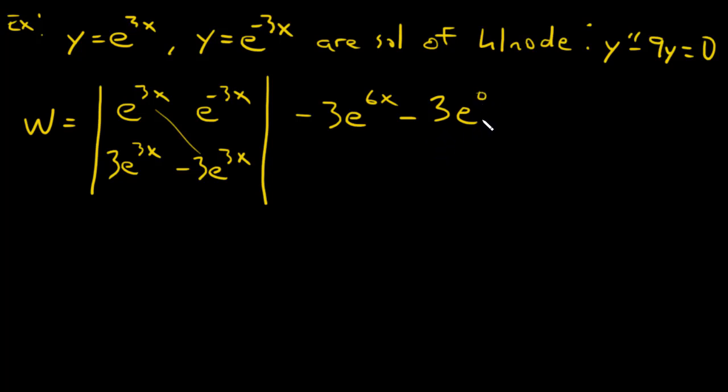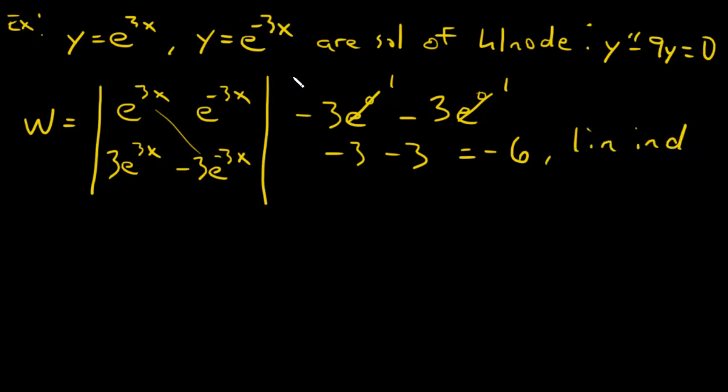So I'm going to wind up with, wait, did I miss my negative? That's a negative. That should have been a 0. I was going, wait a second, I'm wrong. No. You saw nothing. So this is negative 3 minus 3, which is, because e to the 0 is 1, negative 6. What values of x will make that equal to 0? There are no values of x that would make that equal to 0, so they are linearly independent.